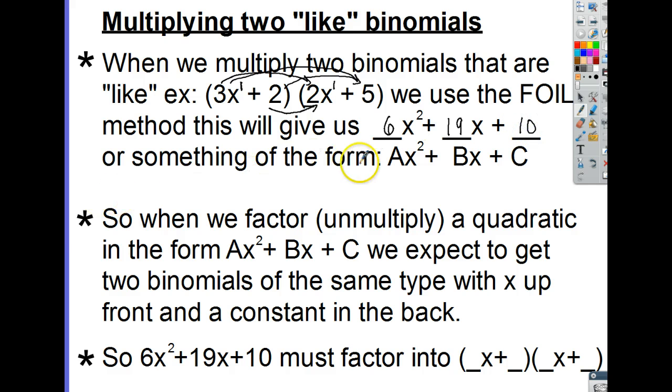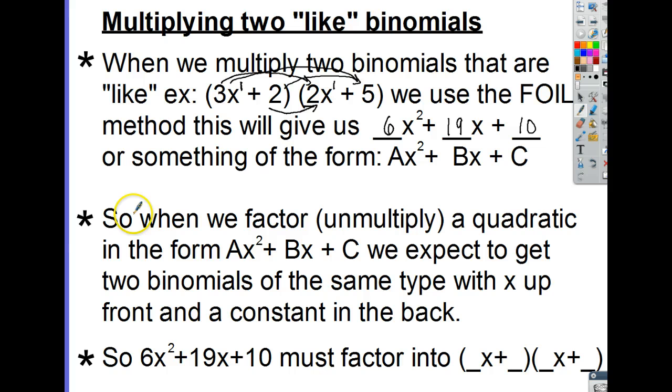Okay, now as you can see, that is in what we call standard form, or the form of a, which here is 6, x squared plus bx, which would be positive 19, would be b, and then plus c, the c number would be 10.